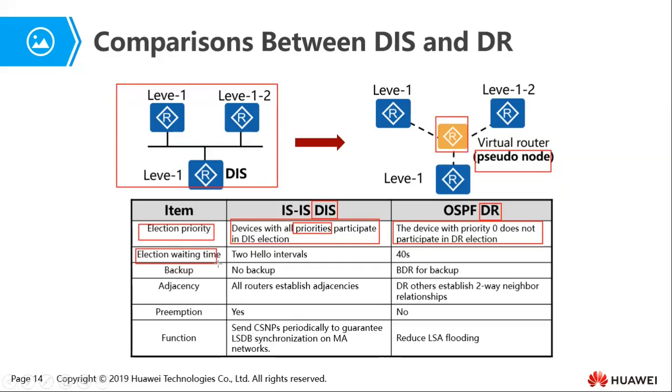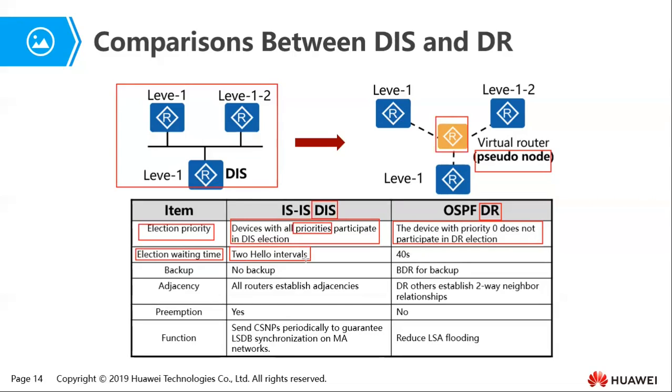Okay, election waiting time. This one will wait after the neighbor relationship has been established. They'll wait for 2 hello intervals. By default, non-DIS routers send hello packets every 10 seconds.